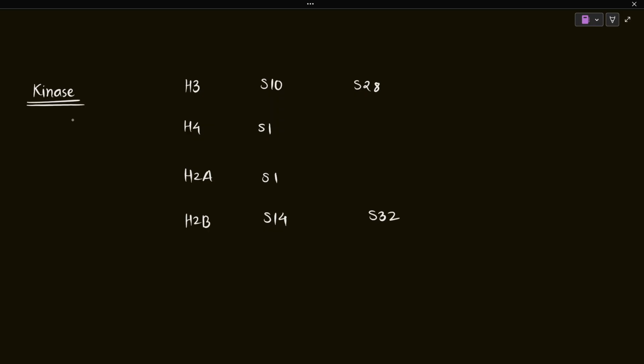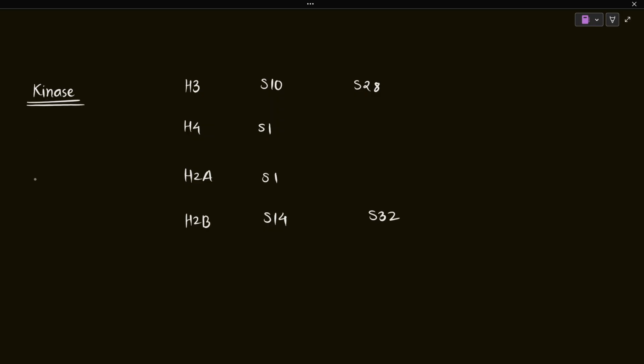Unlike histone methylases or histone acetylases, which only work on histones, histone kinases have histones as their substrates as well as other proteins which they can phosphorylate. This is a distinct characteristic of kinases. This doesn't happen with histone methyltransferases like HKMTs or HATs. They don't show that kind of activity.